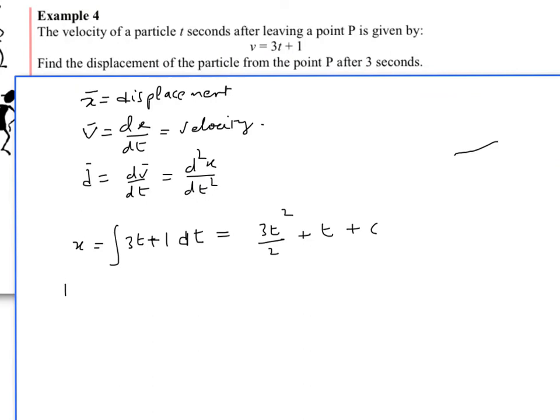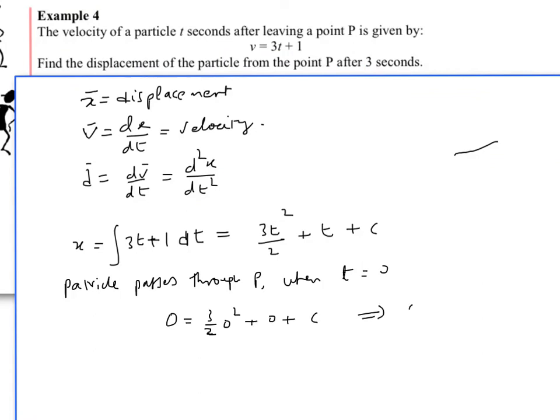So let me just write that down. So the particle passes through P when t equals 0. So therefore, when you've got 0 displacement, if we put 0 in there, 0 equals 3 over 2, 0 squared plus 0 plus c, and so therefore c equals 0.